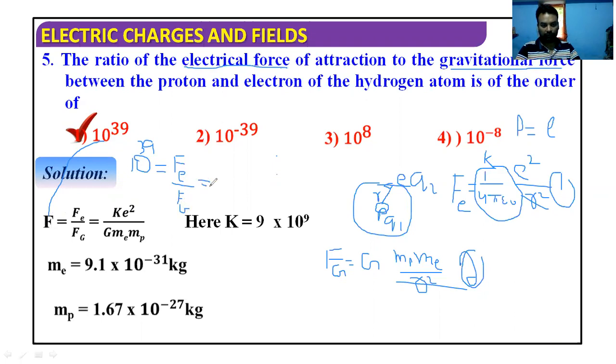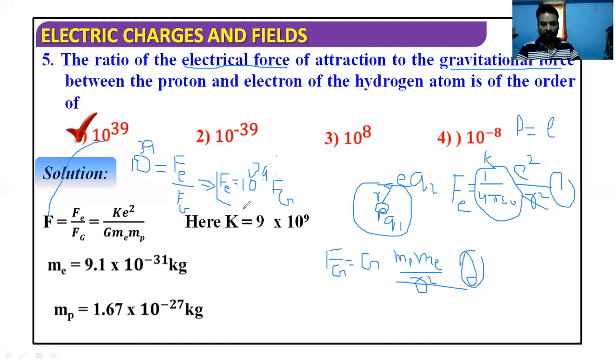So from this we can conclude that Fe, the Coulomb force, is equal to 10 raised to the power 39 times the gravitational force. So this is the conclusion.